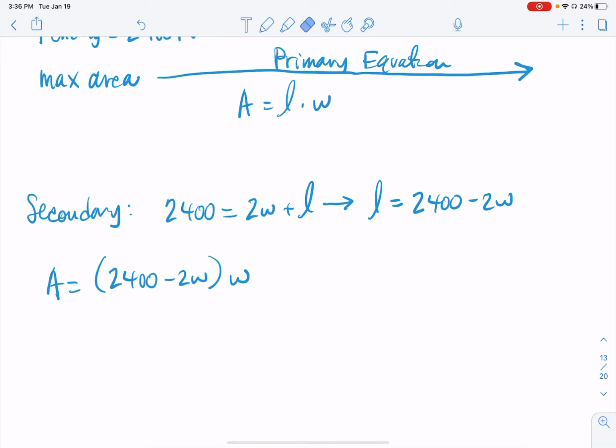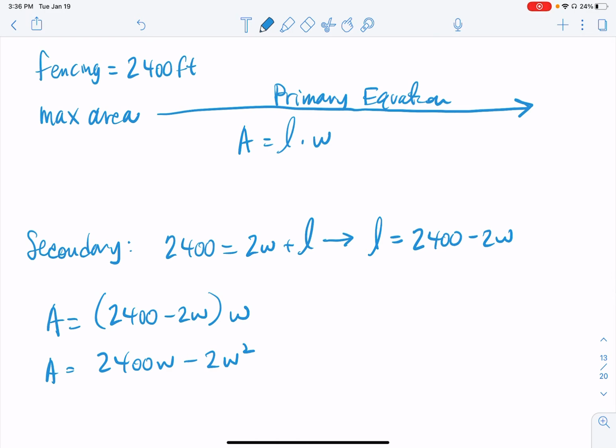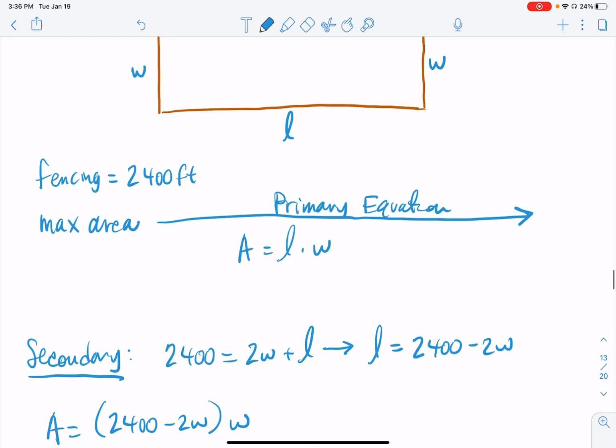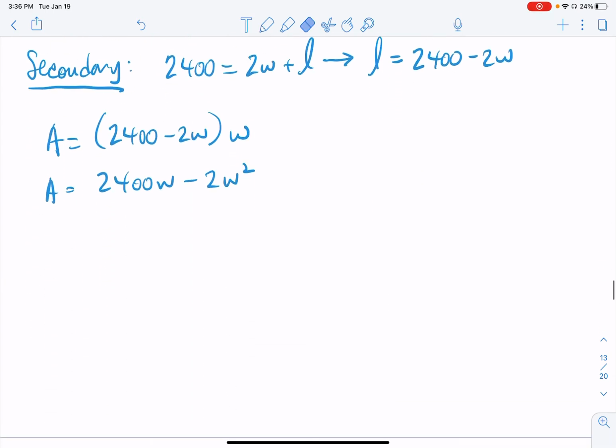Let's expand it. 2,400W minus 2W squared. There we go. So there's our primary equation whittled down to a single independent variable. What's next? We found primary, we found secondary, we drew a picture. What is next is the feasible domain.